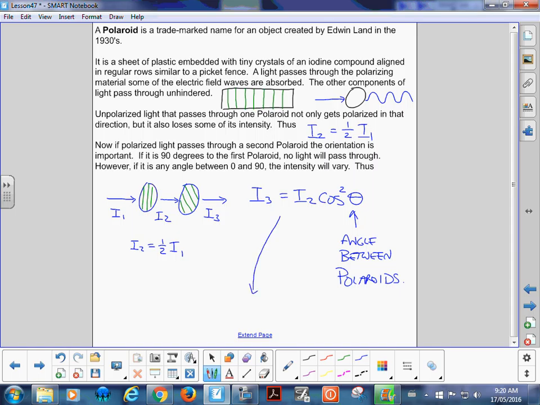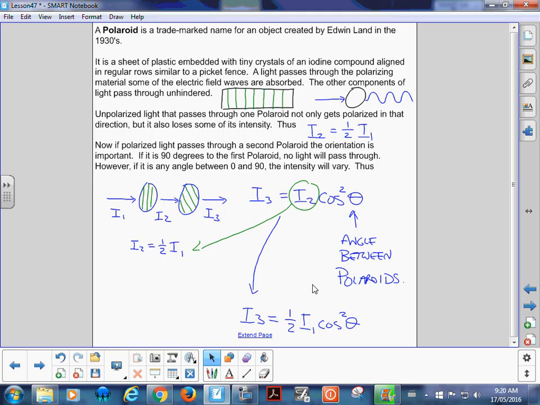I3 is equal to, I know that I2 is half the original intensity, so we can rewrite this as 1/2 I1 cos squared theta. So there is your intensity after light passes through a second Polaroid. If it passes through the first one, it's half. If it passes through a second one, we use this formula.